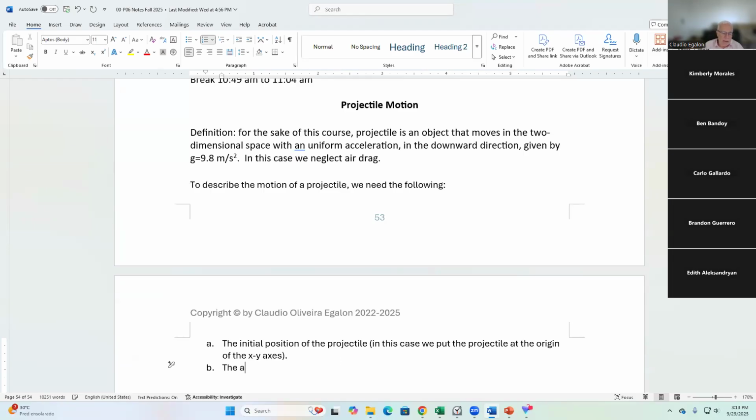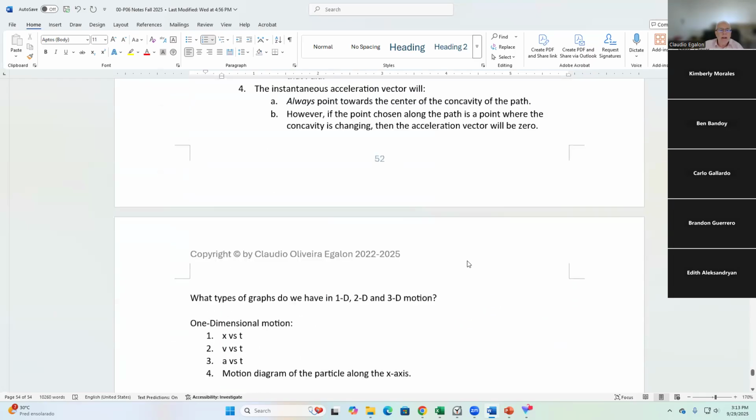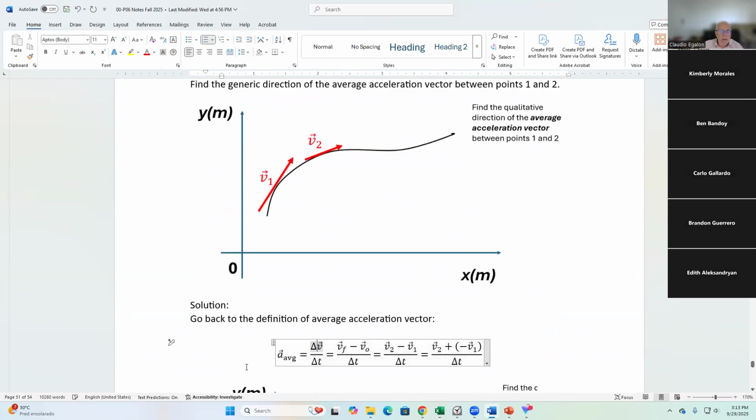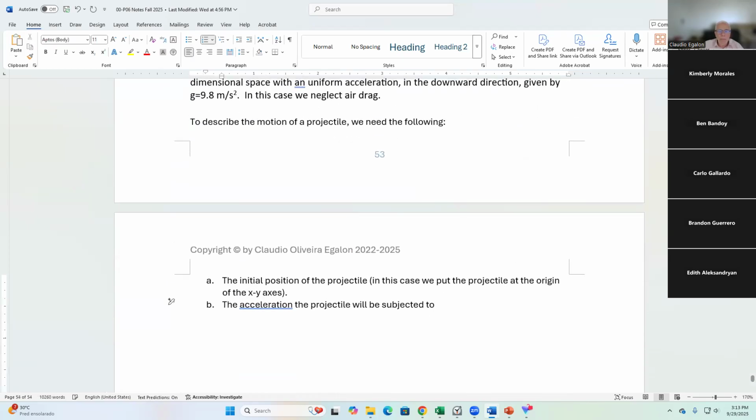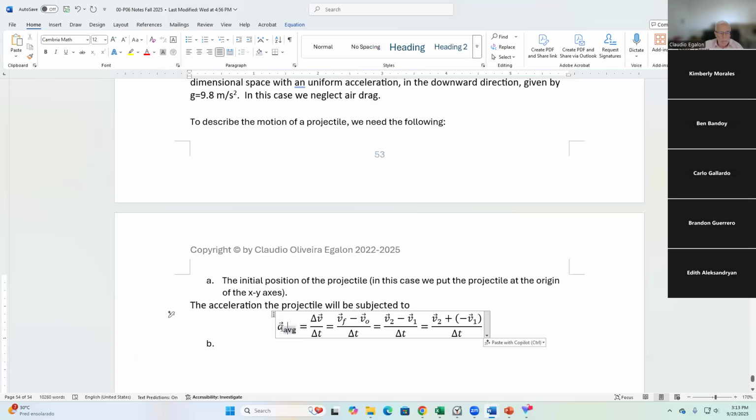We need the acceleration the projectile will be subjected to, and the acceleration in this case, you already know. It's minus g y hat, right? Like that.